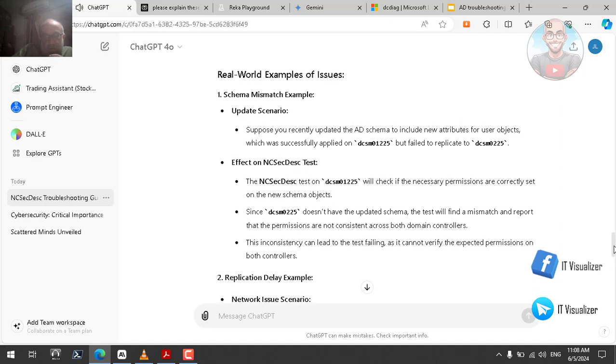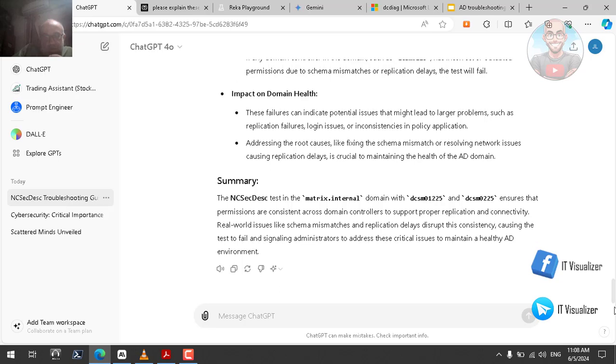Okay, can you elaborate more on the two real world examples stated?